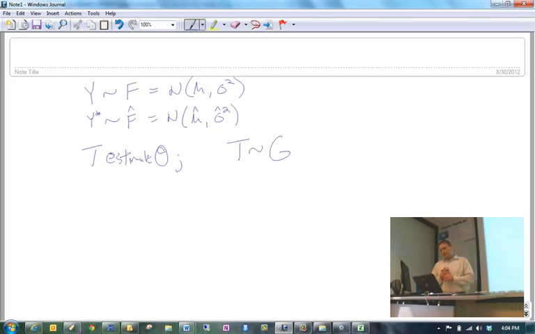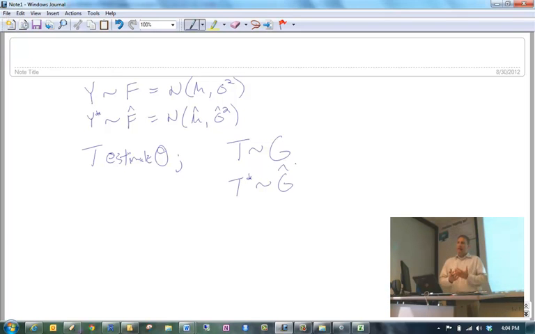Now in a parametric setting, oftentimes you're going to be able to simply derive what g is. But there are other settings where it might be difficult to find exactly what g is. So what we can do is think in terms of the bootstrap world and look at t star itself, which uses then f hat to come up with the distribution for t star, which we denote by g hat.